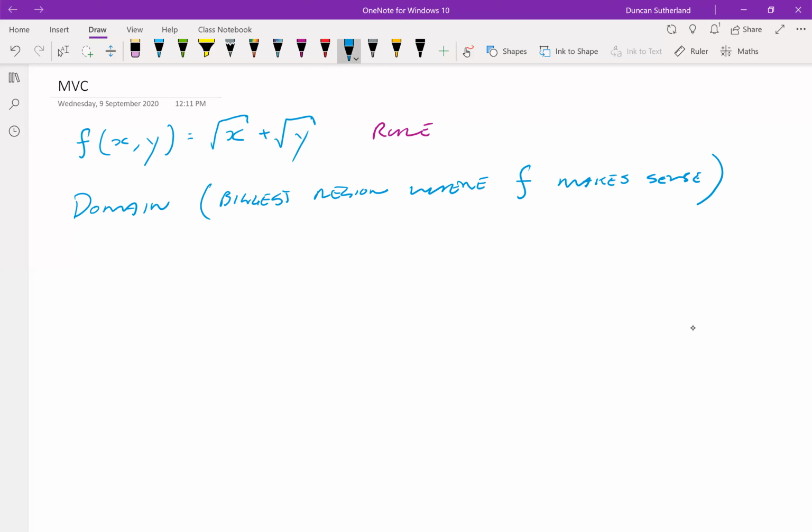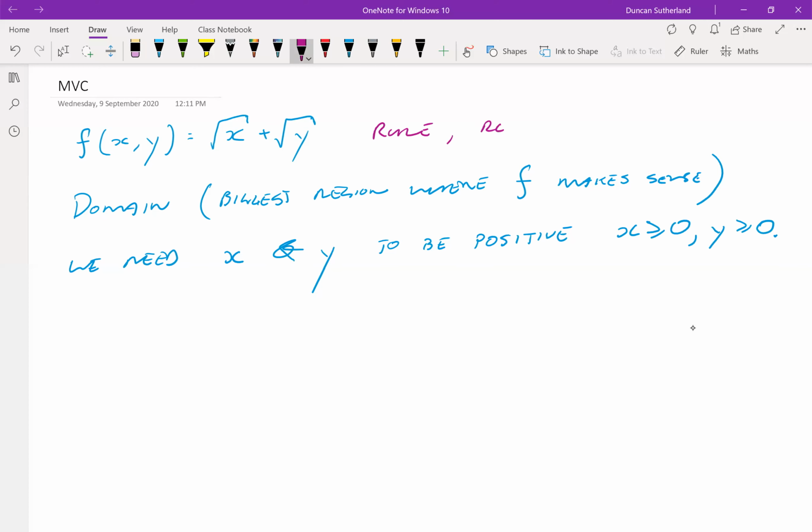In this case, we need x and y to be positive always. They're separate inequalities. There's no link between x and y. There's no values of x that will make the argument of the y positive, right? So we're assuming this is a real function as well. That's another assumption we should note.